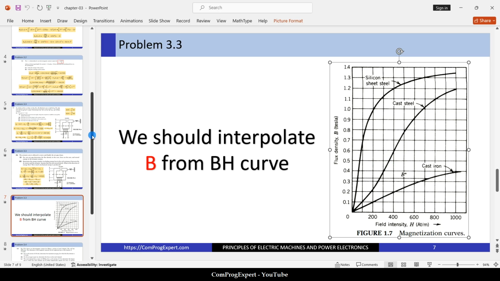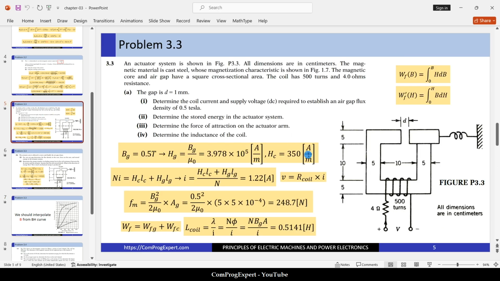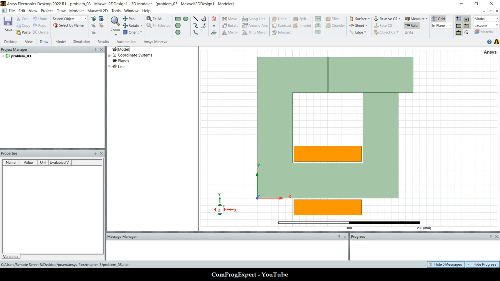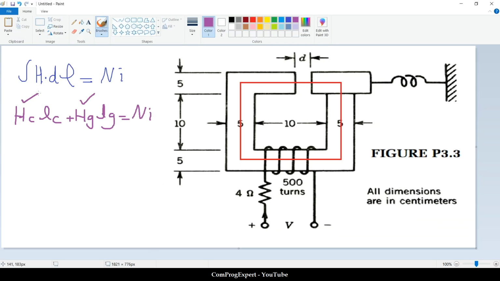Okay, so the value of H inside the core is 350 ampere per meter. So then what is the value of Lc and L gap? The value of L gap is given, 1 millimeter.